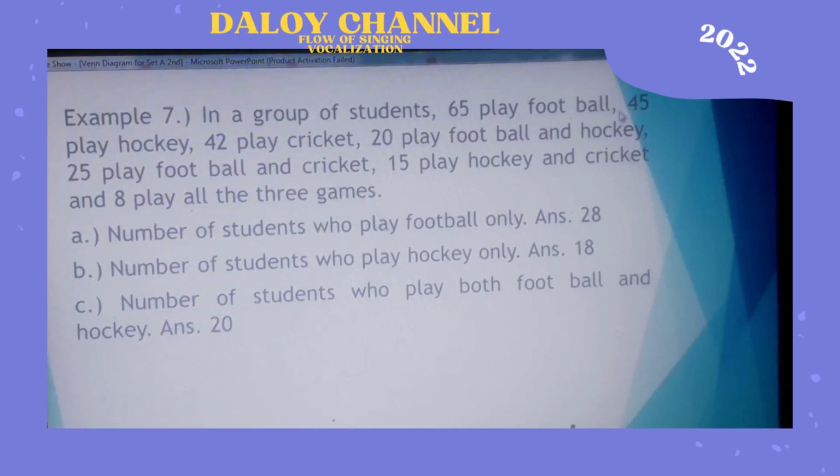So we have 45 to be subtracted by 8 plus 17 plus, 15 minus 8 is 7. 45 will be subtracted by 17 plus 7 plus 8.